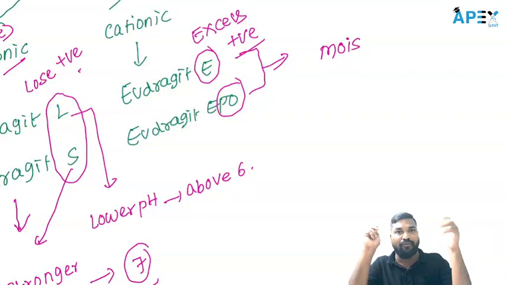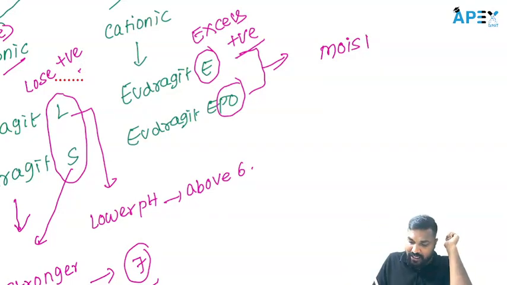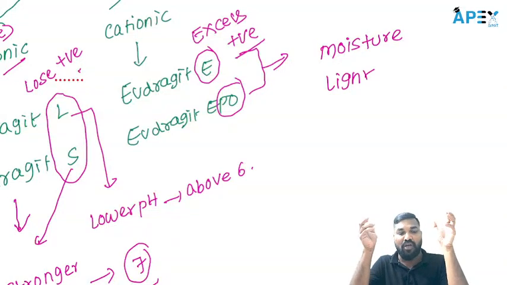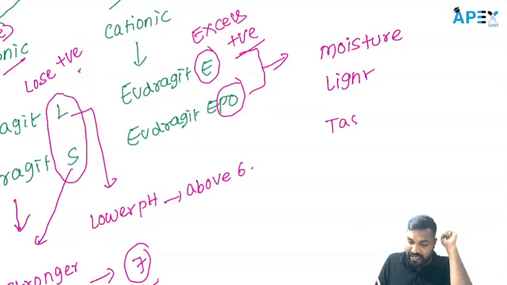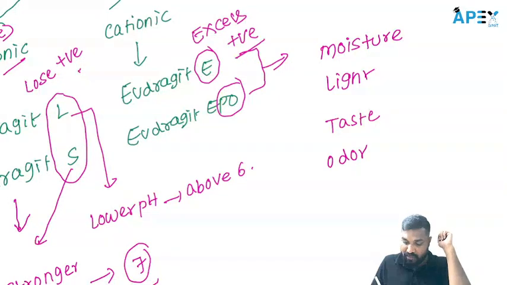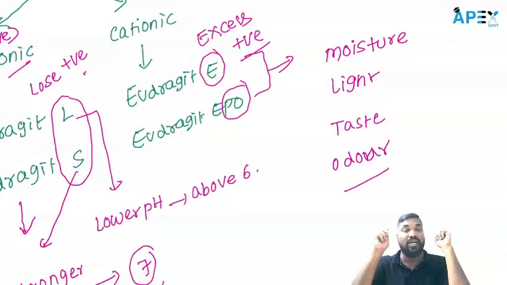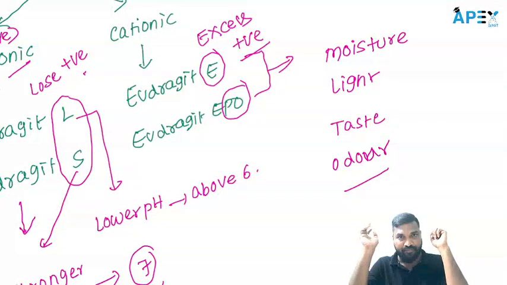If you want to protect from moisture, you can coat with Eudragit E or EPO, or protect from light. So for protection from moisture and light, we can give the coating. Not only this, we can even use Eudragit E and EPO for taste masking and odor masking.